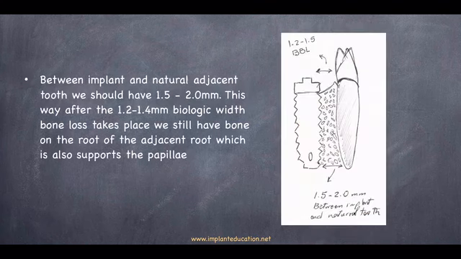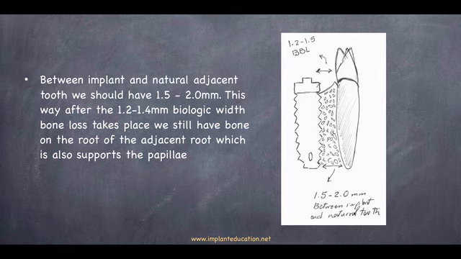How come we invaded that 3 millimeter that we just talked about? We said edge to edge between 2 implants, if you are planning to place implants, should be absolutely no less than 3 millimeters, but here we said no problem, you can do 1.5 to 2. That's because you will not have biologic width bone loss onto the tooth due to the fact that the implant was placed next door.